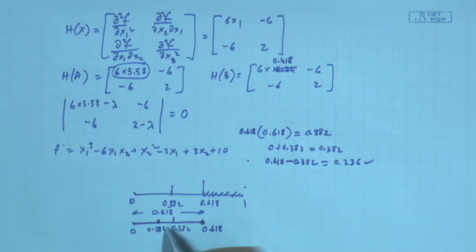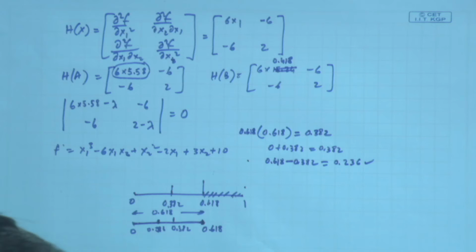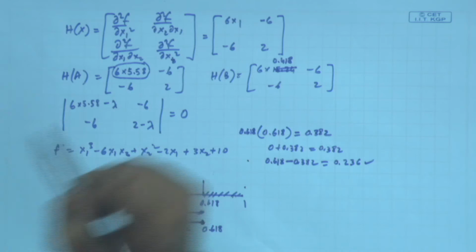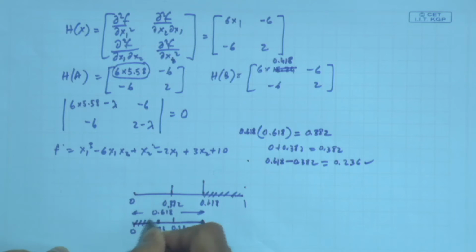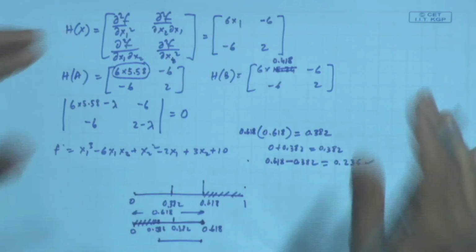Now compute the function values at these 2 points and see which one is bigger. 0.236 is bigger. So what do you have to eliminate? 0 to 0.236. So this gets eliminated now. So now we are left with this small region here. And then do one more time, 0.618 of that much region from either end.